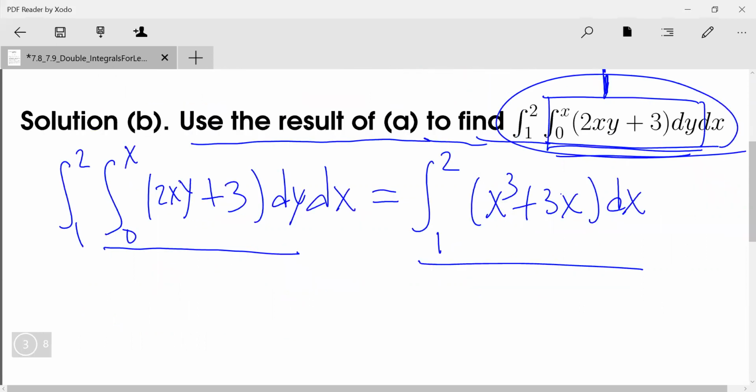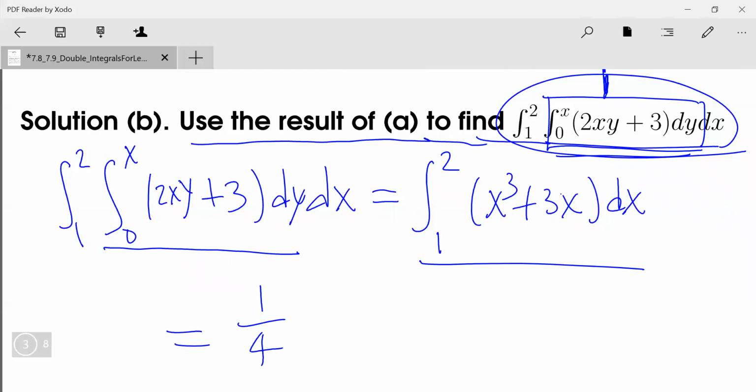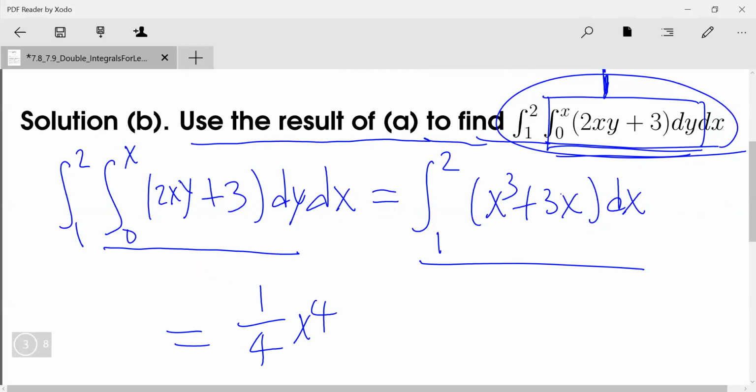Okay, so we find the antiderivative. It's 1/4 x to the 4 plus 3/2 x squared. And evaluate at x equal to 2 and x equal to 1.